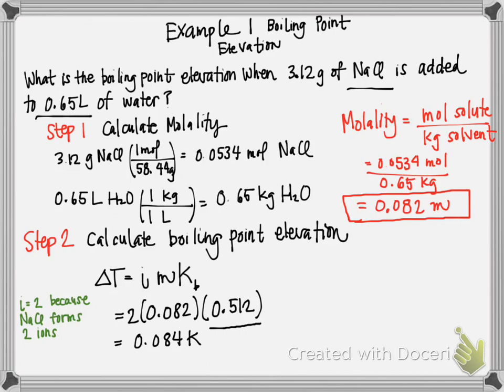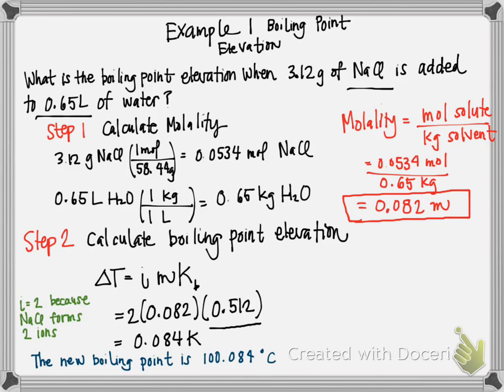Now, that's a change in temperature. So what we want to find out is what the temperature of the solution will be for it to boil. We know that pure water boils at 100 degrees Celsius. So the new boiling point of the solution is going to be 100.084 degrees Celsius.